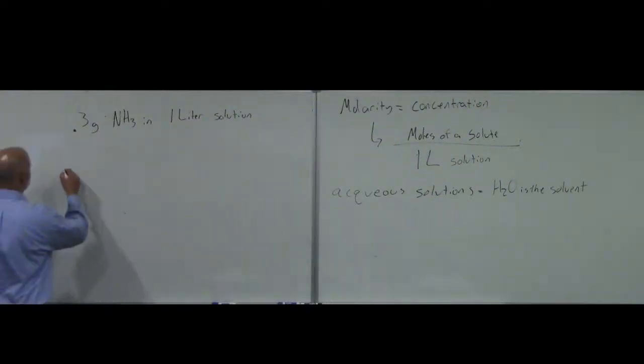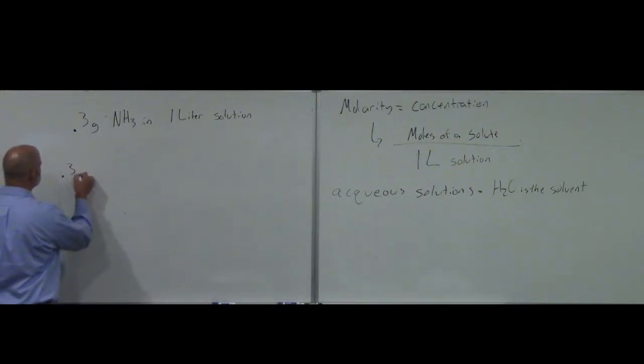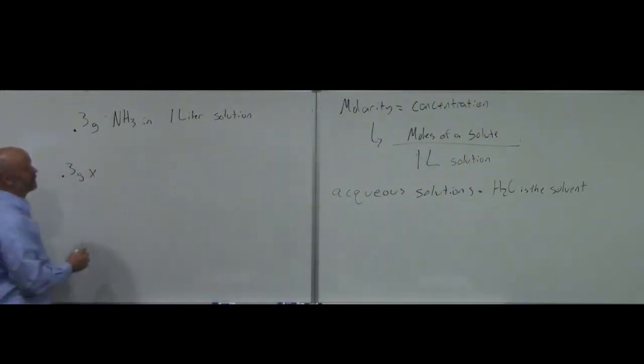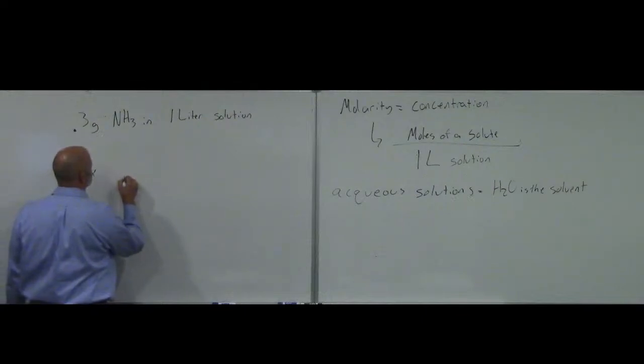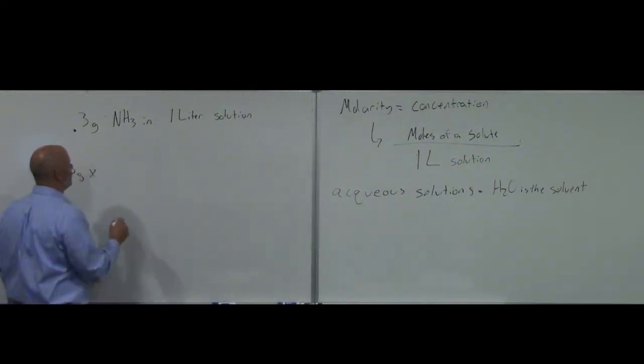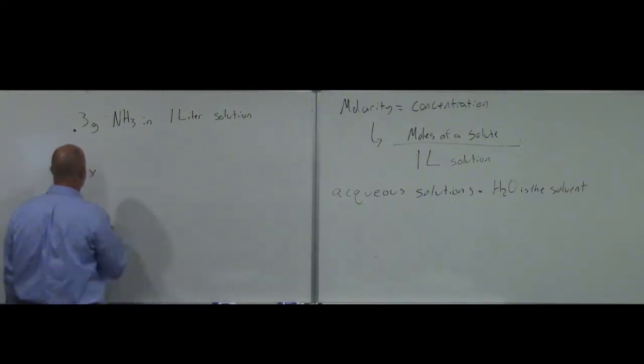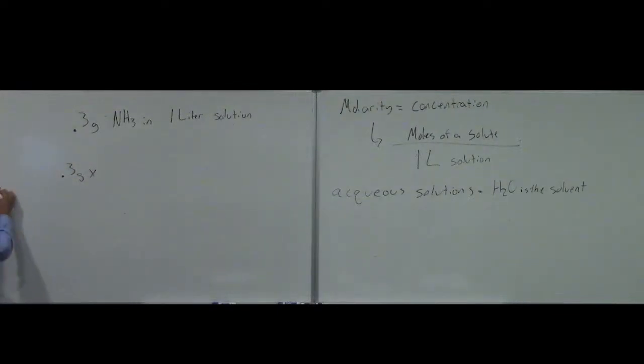I have 0.3 grams, but I can get from grams to moles. What I need to do is go 0.3 grams times whatever the molar mass is of ammonia. For that, I need a periodic table. Nitrogen is 14.007. Hydrogen is 1.0079.